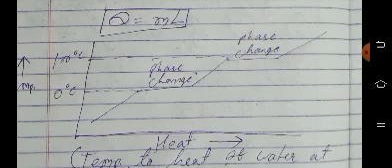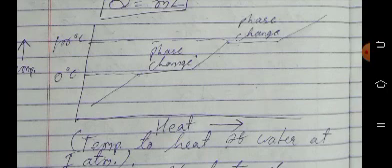Here you can see the temperature to heat graph of water at 1 atm, where we are showing the temperature to heat relation. The phase change is shown by the temperature not changing, because latent heat is being applied.